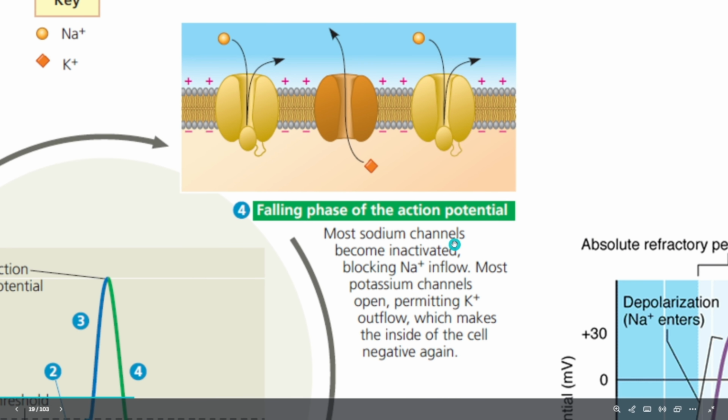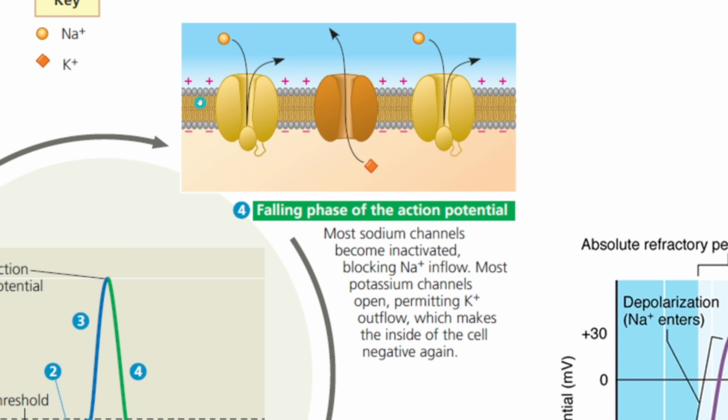Okay, repolarization occurs. So how does it occur? First of all, your voltage-gated sodium ion channels start to close. So no sodium ions can enter the axon now. Then your voltage-gated potassium ion channels open now, making the potassium ions inside the cell outflow to the outside of the cell.